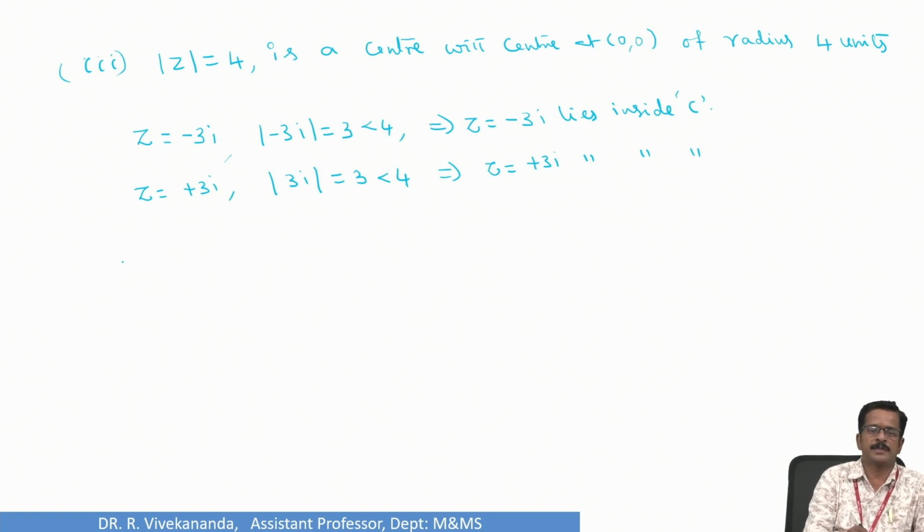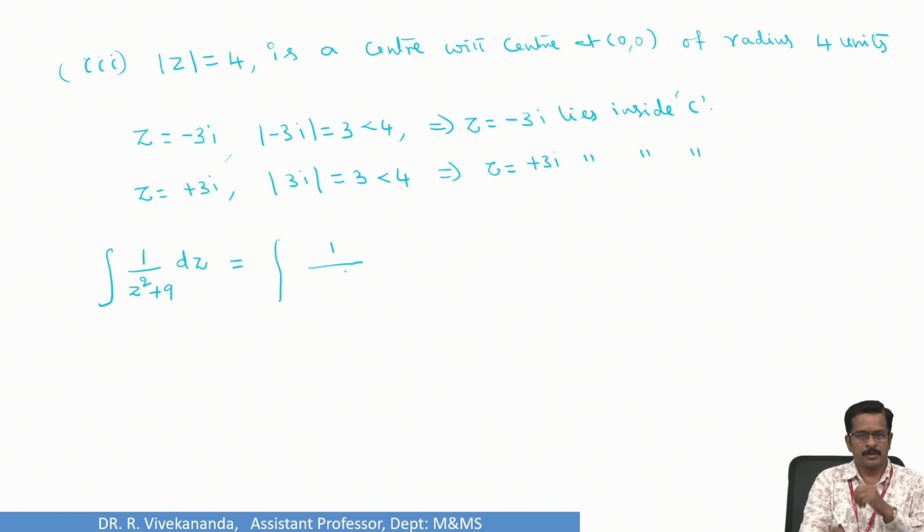So in this case, I want to split the given integrand into factors, 1 by z plus 3i into z minus 3i.